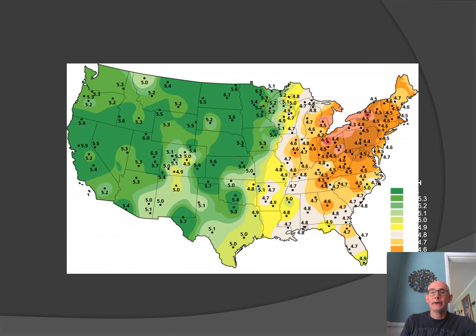Here is a map of your general pHs of rain around the country. And you can see green is pretty close to normal. And then when you get into the yellows and the reds and the oranges, then that's where it is very low.